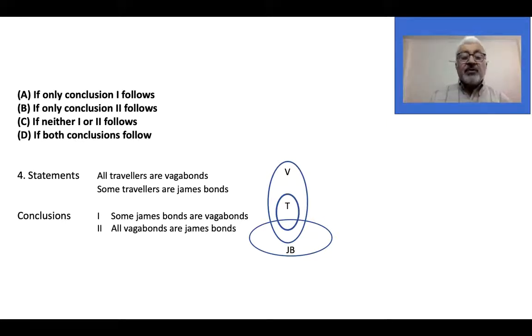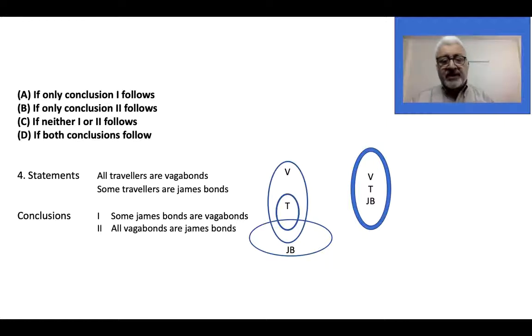All right. What about all vagabonds are James Bonds? Can we confirm that all vagabonds are James Bond? It is not being confirmed here, but could we draw another diagram? Now look at this diagram on your right. It says that these are not one but three superimposed ovals of the same size. All right, so there are not one, not two, but three.